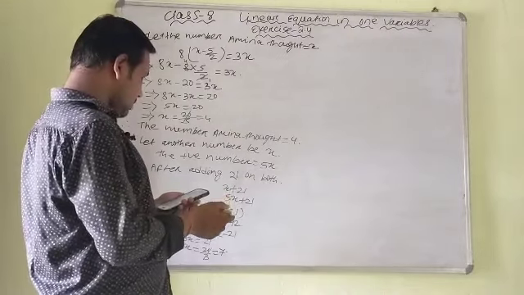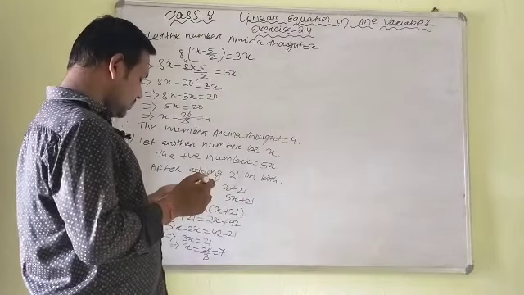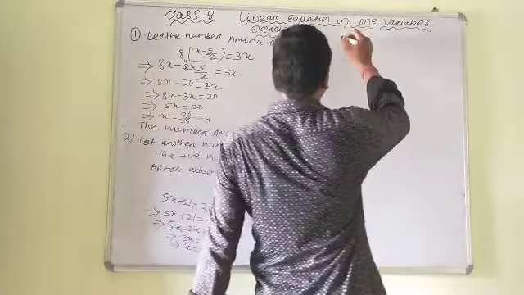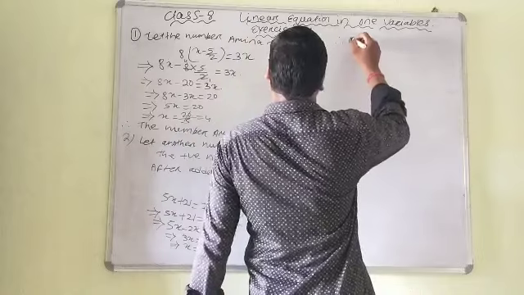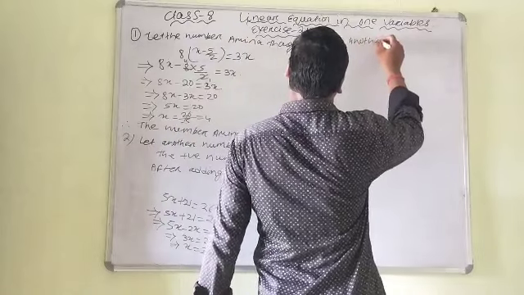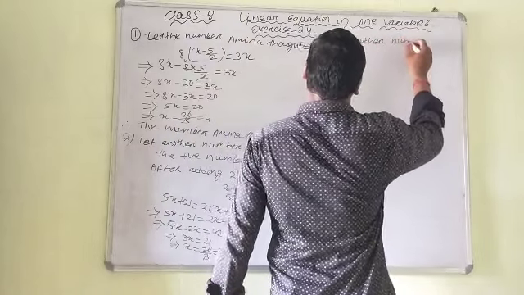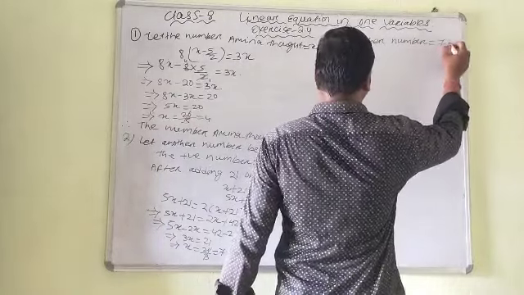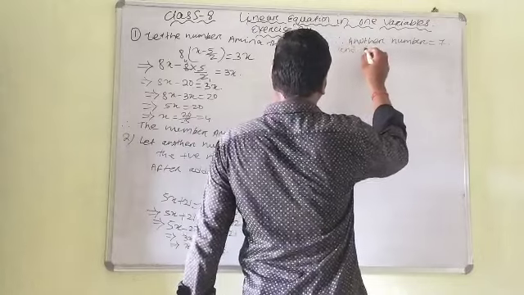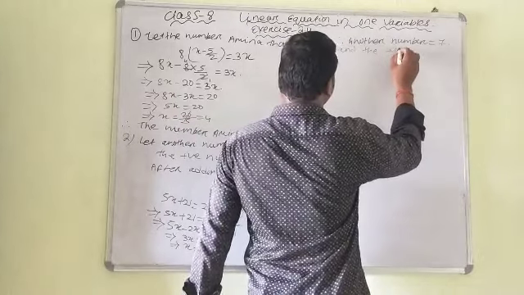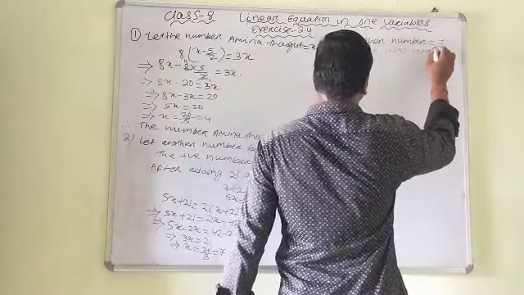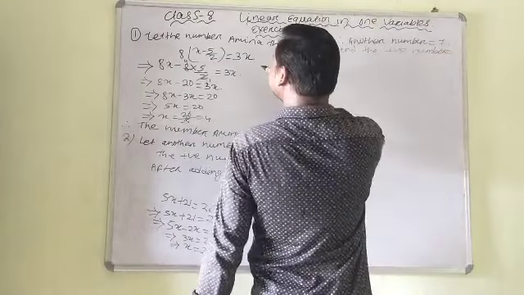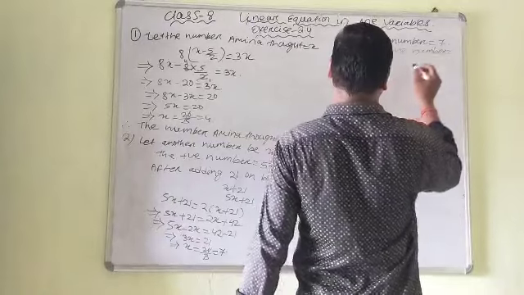So according to the question, we have to find out what the numbers are. Then we will write here, therefore another number is equal to 7 and the positive number is equal to, we have taken 5x.